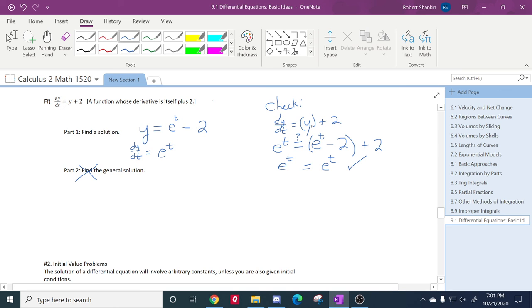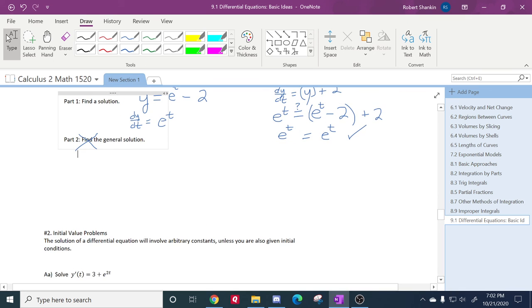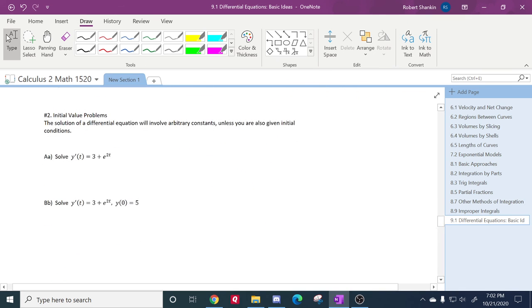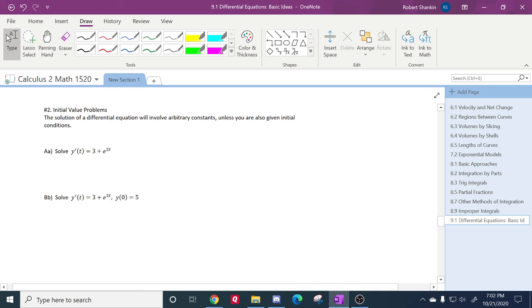When I rewrite my original, I get that, and plus 2, and that seems to check. So that would tend to say that it's a solution. Alright, let's move from there to what we call initial value problems.